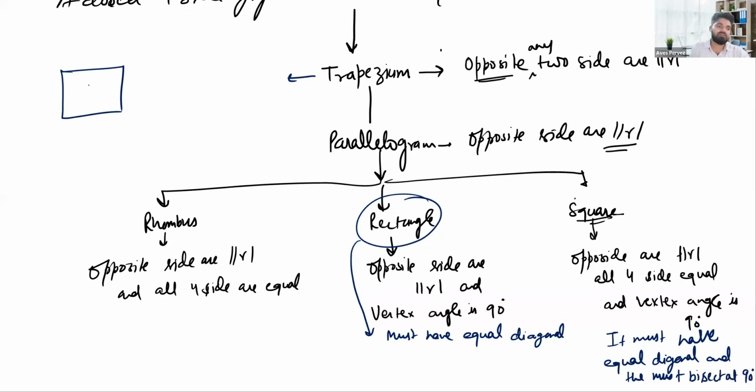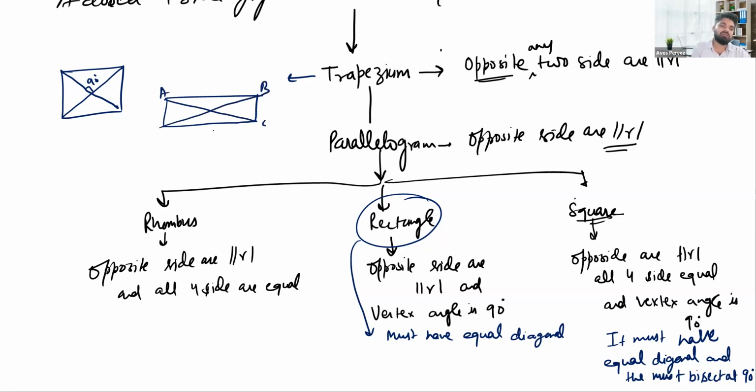In a square, the diagonals bisect each other at 90 degree. In a rectangle, it only has equal diagonals. It's not a necessary condition that they bisect each other at 90. For example, this is a rectangle, so it has equal diagonals.